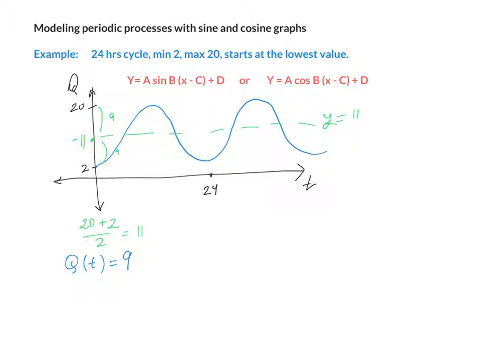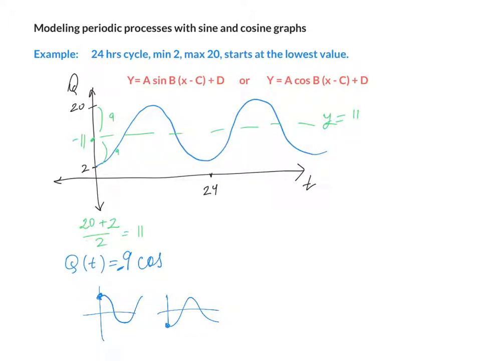Focusing on this green midline, where does the graph start? It starts at the lowest. It doesn't start at the axis level, so it's not sine. Is it cosine? Well, almost. It's upside down cosine. If it were cosine, it would start here. But it actually starts here, on the bottom. So it's cosine upside down. Okay, so keep writing. So we need to write minus 9 cosine.